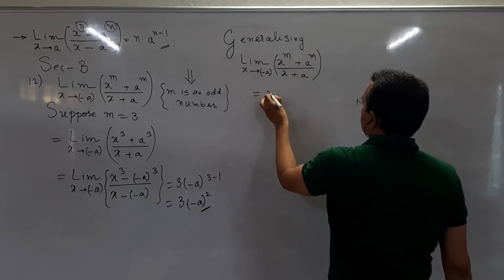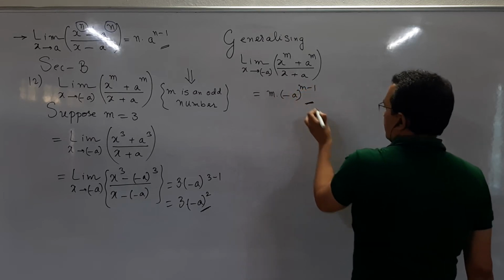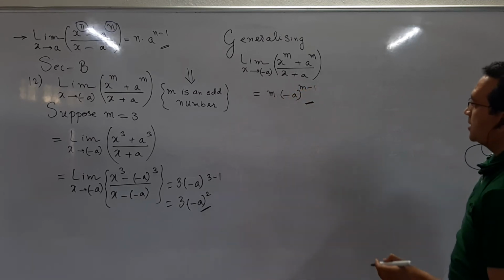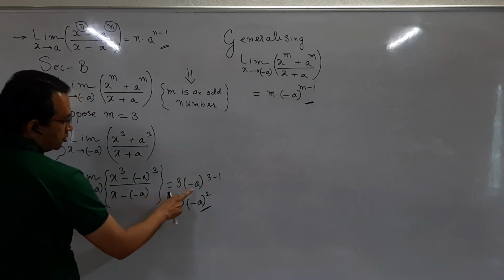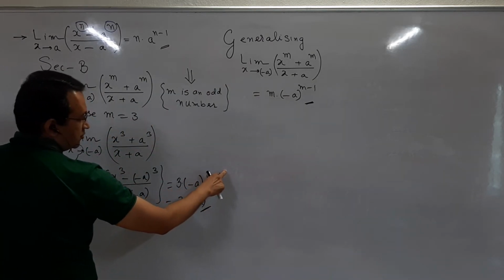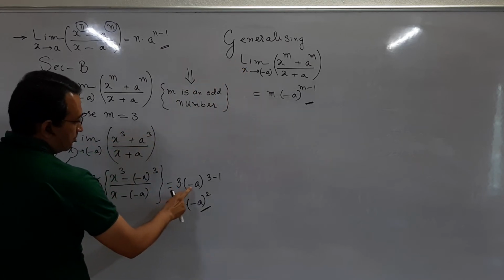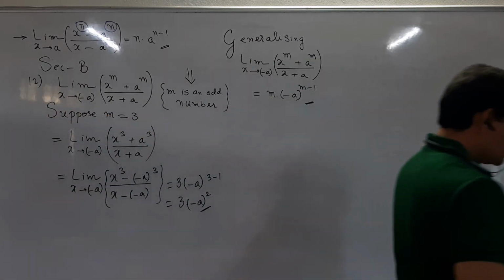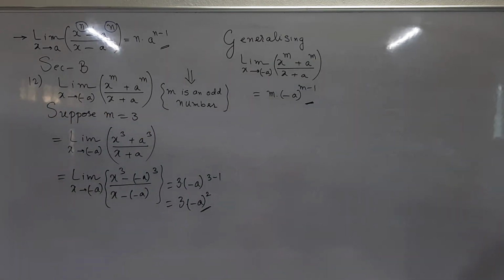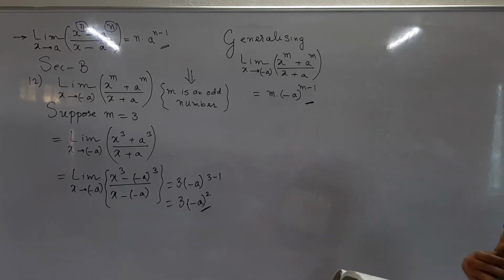We have the answer as n minus a raised to n minus 1. Check. Compare this: here n is 3, so 3 into minus a raised to 3 minus 1. Instead of 3, if I write n, the answer is n minus a raised to n minus 1. So this way the sum becomes very easy. But if I directly do it in terms of n, students, you will not understand easily.